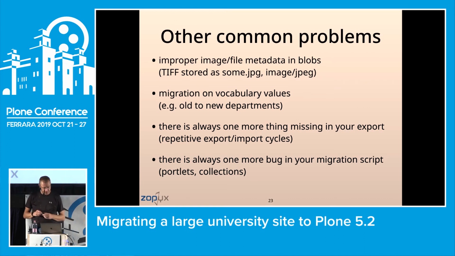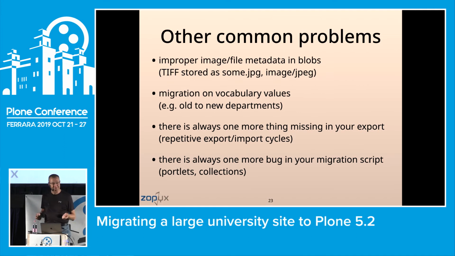So we found some common problems in migration. As said, the project started in 2002 or 2004, I think, and we found some stuff like TIFF images stored as JPEG files with improper metadata. So this was fun when the migration script made an assumption that, okay, it's a JPEG, but it was a TIFF.